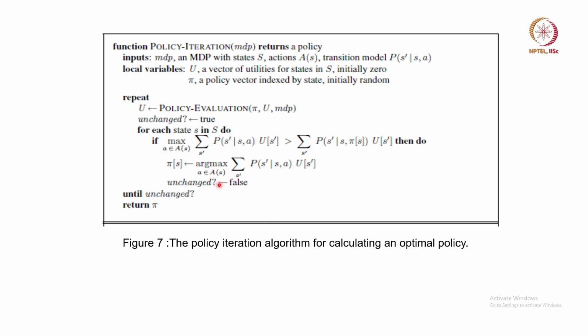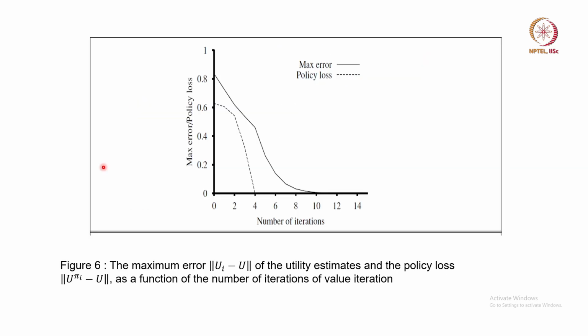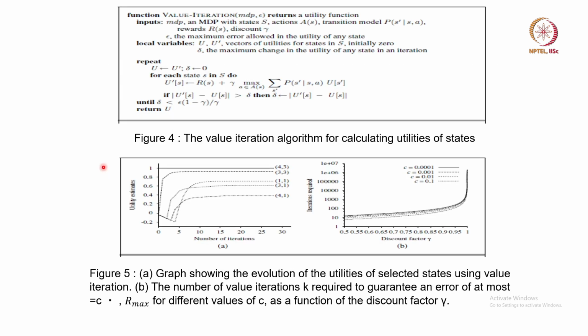And once you find that it is unchanged, suppose you find there is no change in your policy, then you're going to come out of this, and whatever policy pi you have, you will be able to return that particular policy. So this is the policy iteration algorithm, equivalent to the value iteration, like the earlier one which we spoke of there.